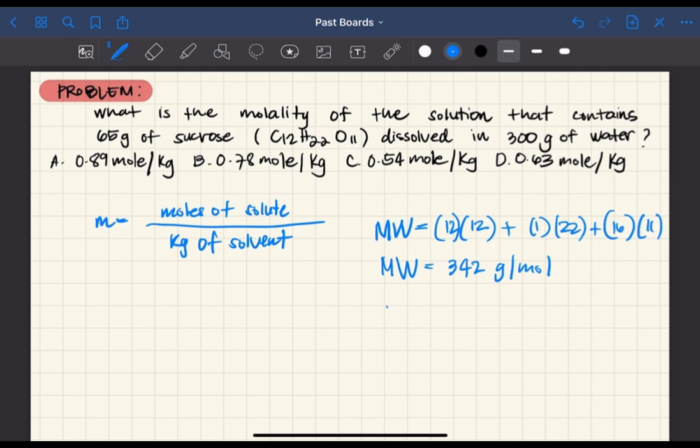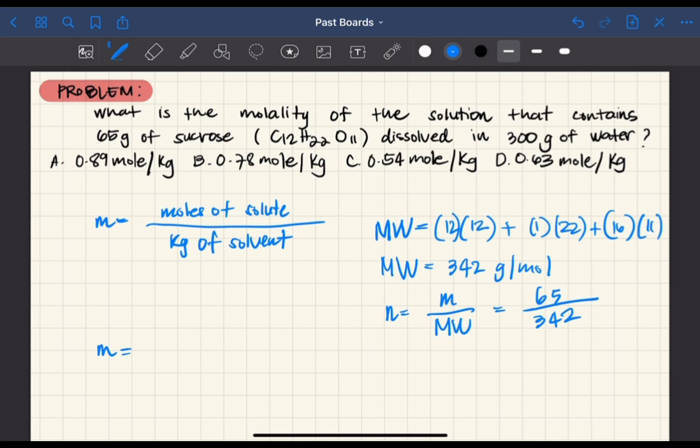Now, we are able to calculate for the moles of solute. So number of moles of solute is equal to the mass divided by the molecular weight. So this is equal to 65 over 342. So now we are all set to compute for the molality of the solution.